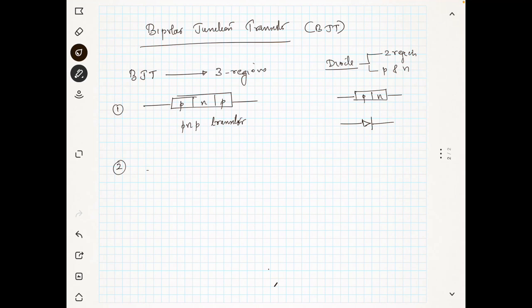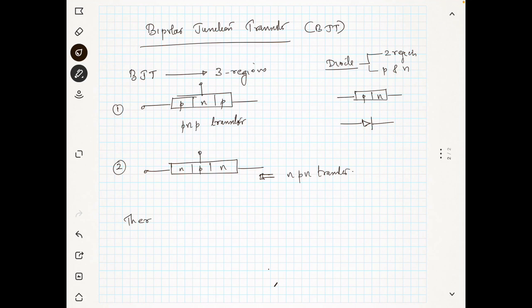Another possible configuration is N type here, P type here, and N type here. This kind of transistor is usually known as an NPN transistor.